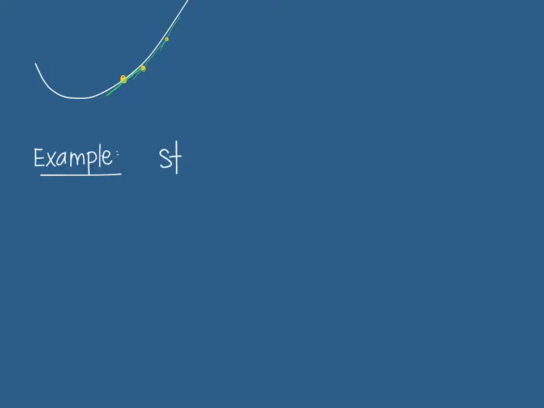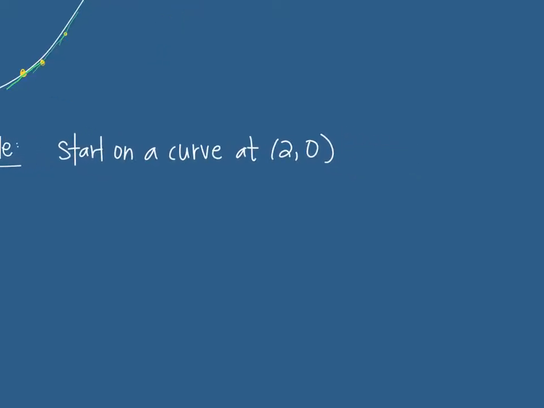All right, start on a curve at 2, 0, with a slope dy/dx equals x plus y.